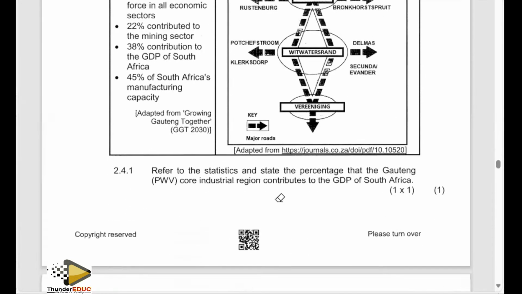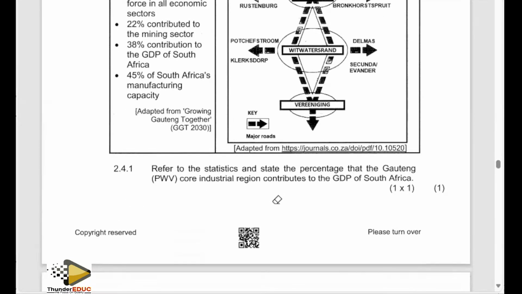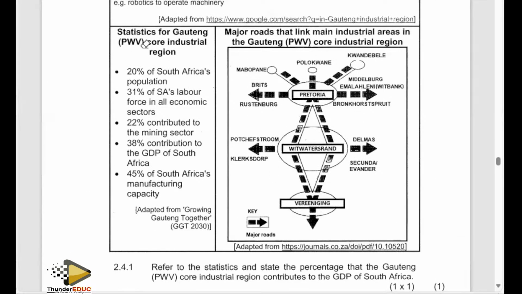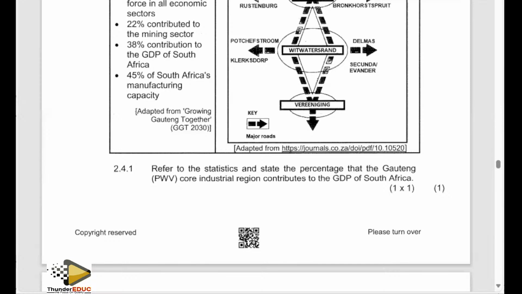Right. Let's go to question number 2.4.1. Refer to the statistics and state the percentage that the Gauteng PWV core industrial region contributes to the GDP of South Africa. Right, we are looking at the statistics here. We go to our infographic, don't want to waste time. Statistics are shown in this box here. So we want the contribution to the GDP of the country.